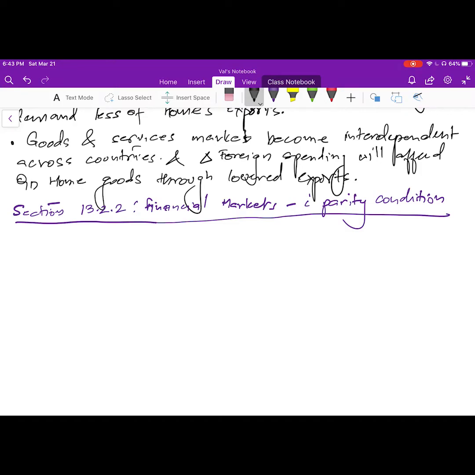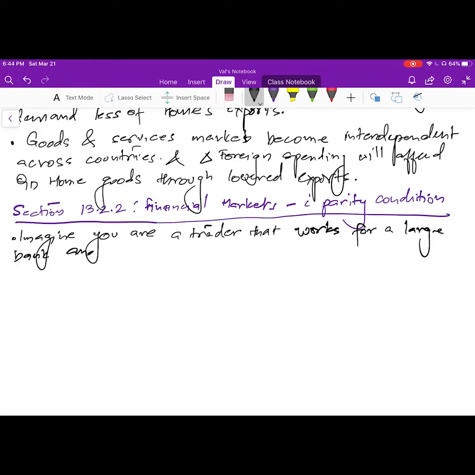And I know this can be a little bit confusing, so let's think about it with an example, right? So imagine you're a trader that works for a large bank, and of course, your job is to maximize returns.